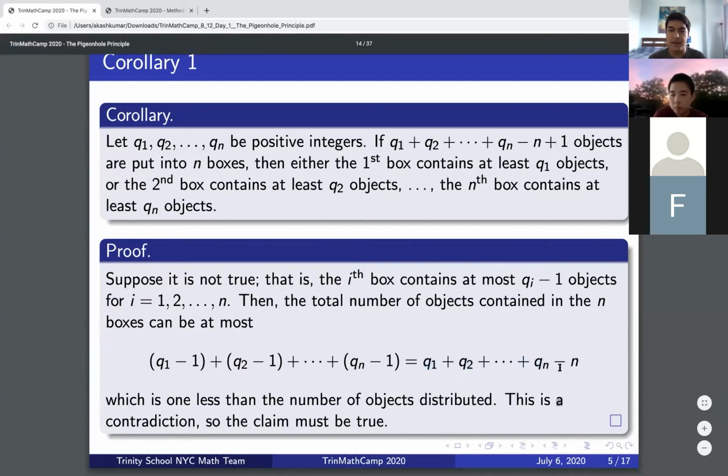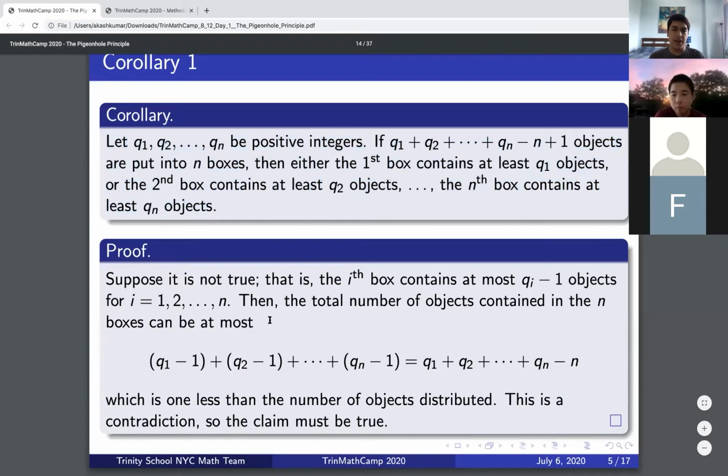This minus n comes from the fact that we have minus 1, n times. However, this is a contradiction once again, because it is less than the number of objects that we had. We said that we had q1 up to qn, minus n, plus 1 objects. This doesn't have the plus 1, so we're 1 short. That's our contradiction, so the original statement must be true.